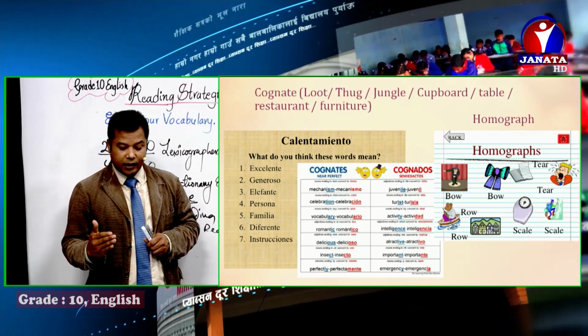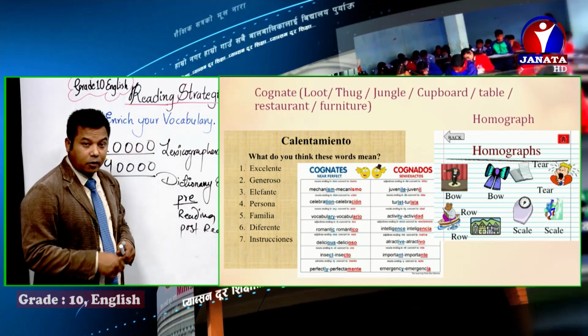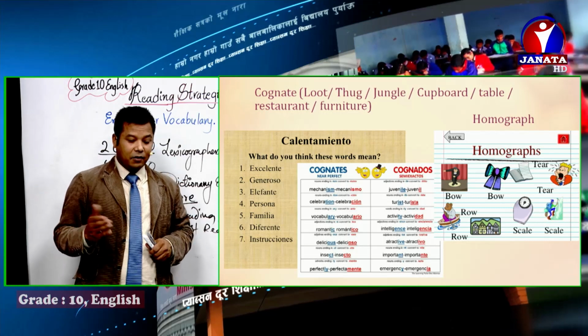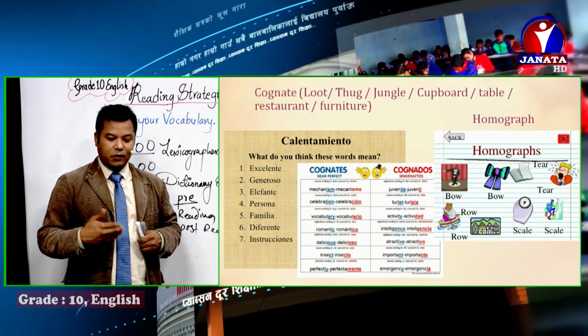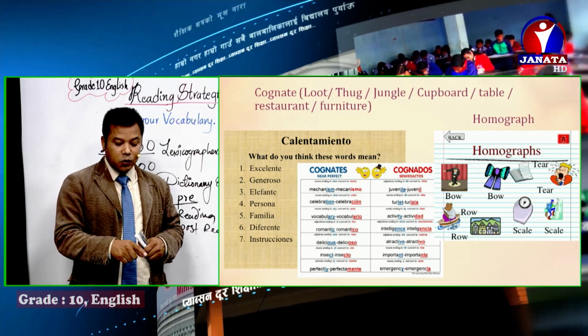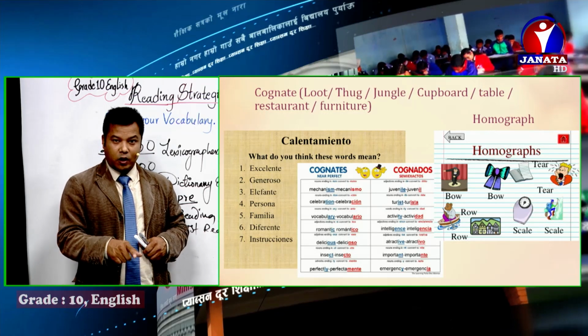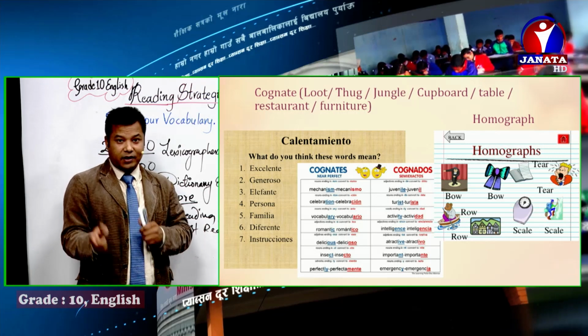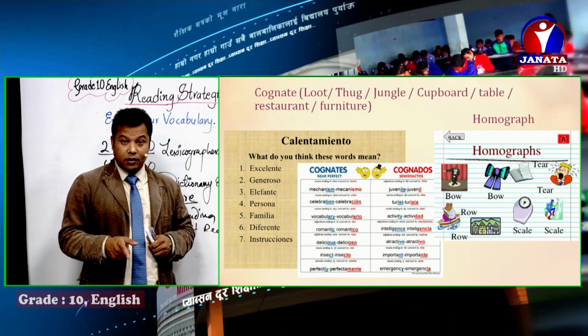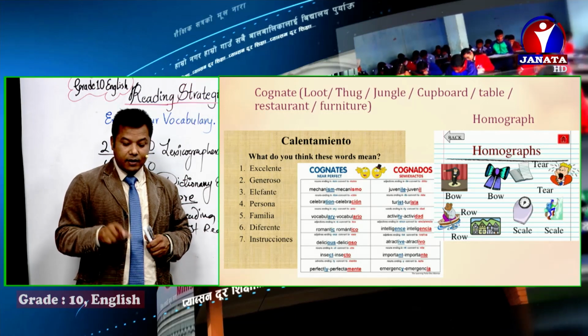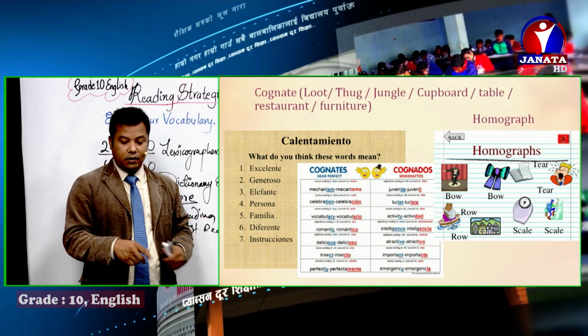Now, what is cognate? Look at some of the words that I've drawn there. Quite interesting, right? You must think, these are the words I know. Even in Nepali language, we use these words. The first word, loot, thug, jungle. You must have been using jungle in Nepali, and you must have heard Indian people also using the word jungle. Cupboard is another word, and then table, restaurant, furniture.